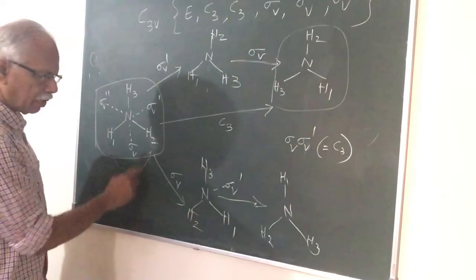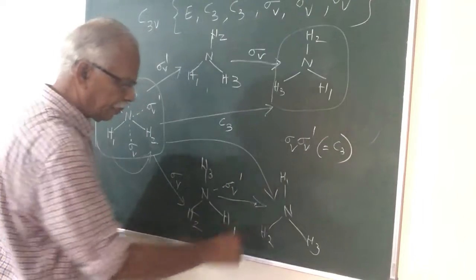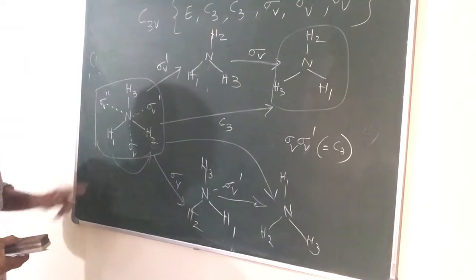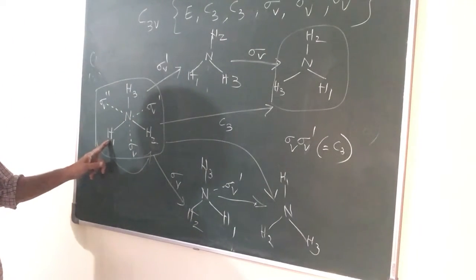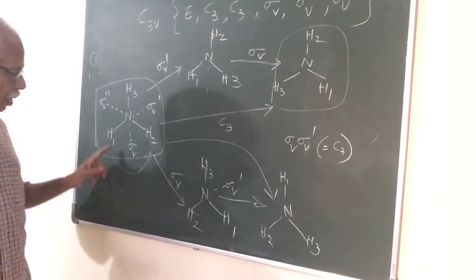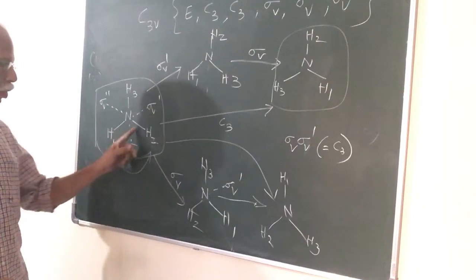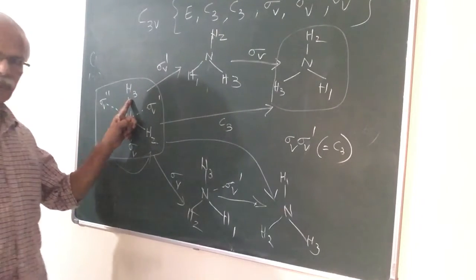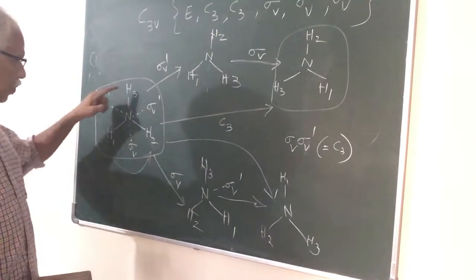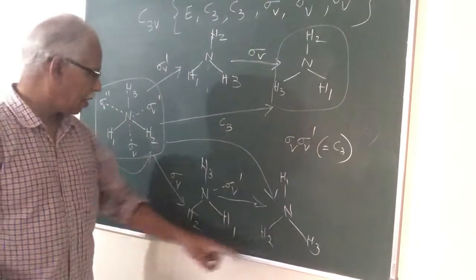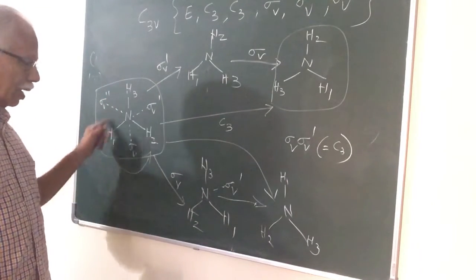So from here you have to reach this point by a single operation. H1 is on the left side. Now that hydrogen has gone to this side, top, as if you have rotated it by 120 plus 120, 240 degrees. H3 has come to this side and H2 has gone here.